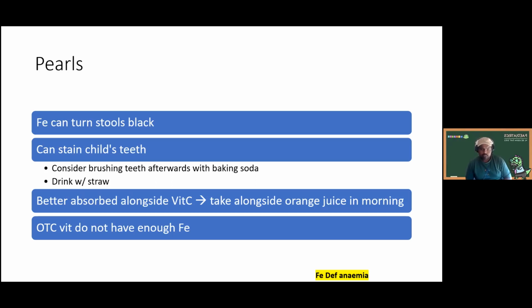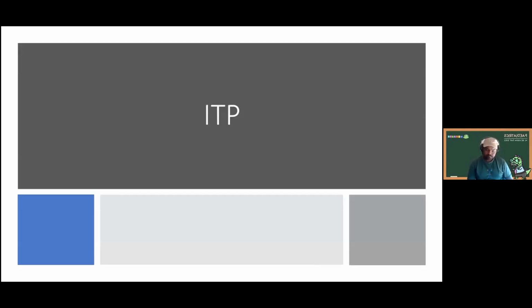It's also better alongside vitamin C. So something that you could recommend is taking it alongside a glass of orange juice first thing in the morning. And as well, just reinforce to parents that over-the-counter vitamins do not have enough iron for repletion of iron stores in a patient with iron deficiency anemia.